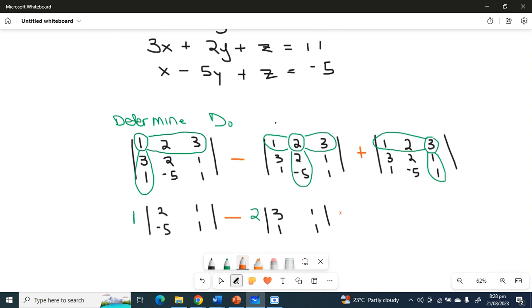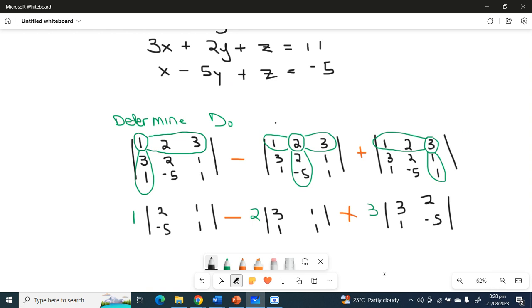Then plus, the 3 we circled we put outside and draw our 2 by 2 matrix: 3, 2, 3, 1, 2, negative 5.